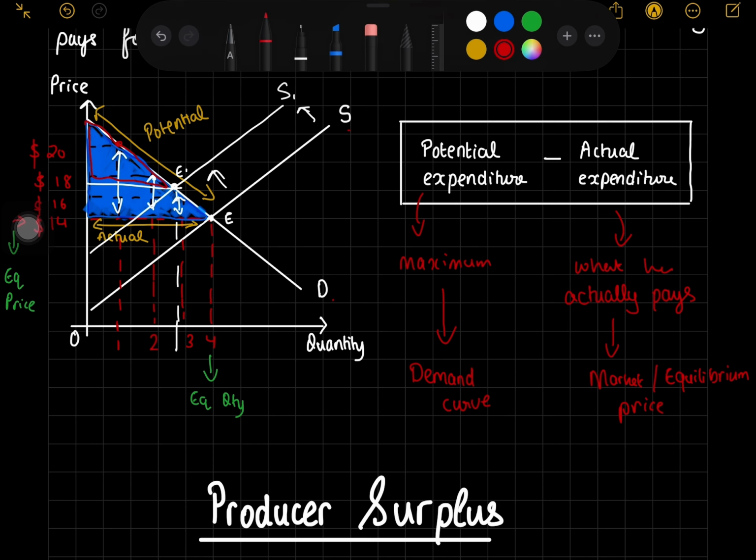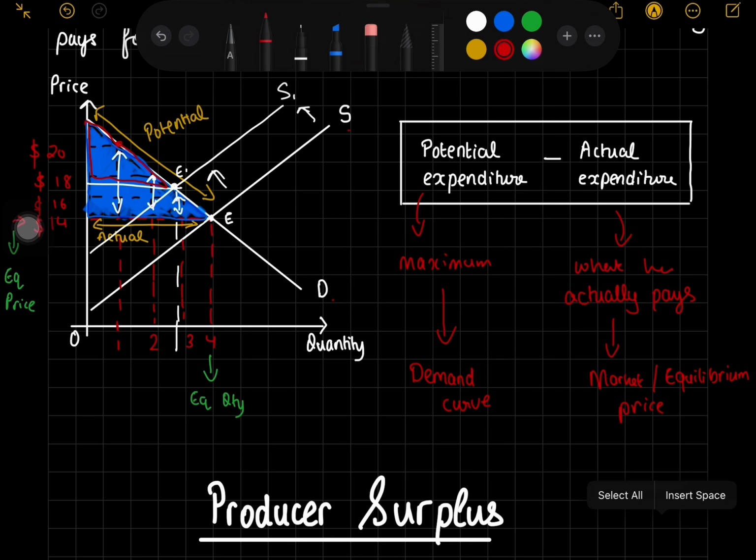So change in price, change in supply has an effect on the consumer surplus. Likewise, if supply shifts to the left, consumer surplus will increase. All right. So a change in the price is what causes the consumer surplus to change.